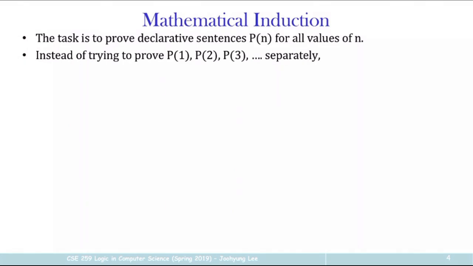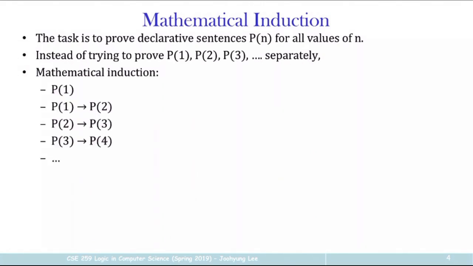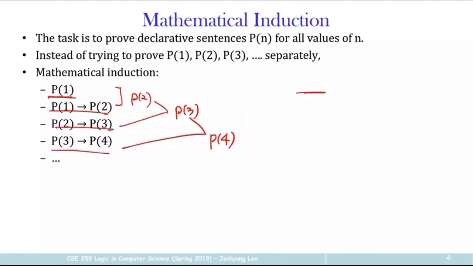A naive idea is trying to prove P of 1, P of 2, P of 3 separately, but you know this is not easy to do. Mathematical induction allows us to prove this in a different style. First, write this in terms of the base case and then the inductive case. The inductive case starts from assuming that P of m is true, then proving that P of m plus 1 is true.